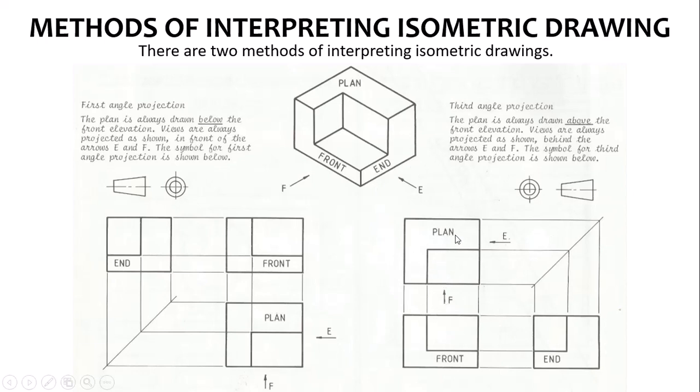The plan is above, then the direction of the arrows here are going to be the opposite direction in which we draw our views. So if our arrow is pointing towards the right, our front is going to be in the left. If our arrow is pointing towards the left for our end, then our end is going to be in the right, and you can see that is shown in this diagram.